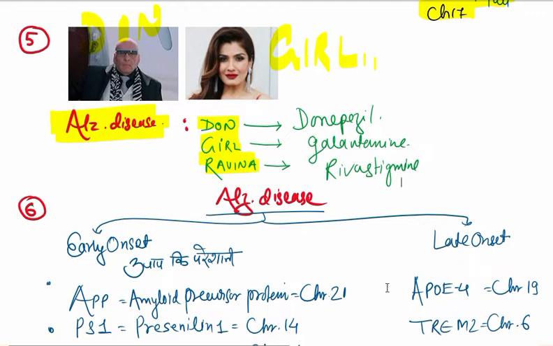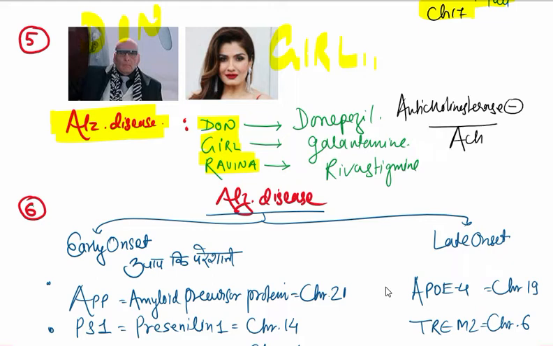So what are all these three drugs doing? These drugs are anticholinesterase inhibitors. Whatever cholinergic neurons are saved in the brain and are functioning and forming acetylcholine, that acetylcholine should not be broken down.